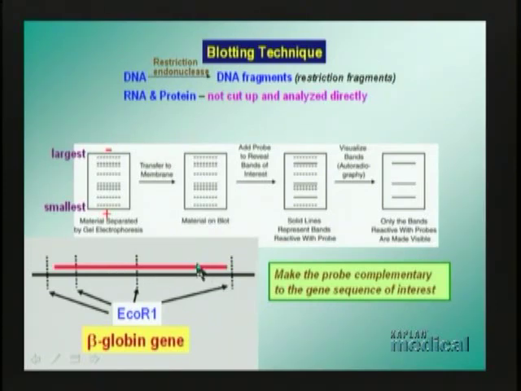So now let's go back to this piece of paper. Here's this piece of paper where we have hundreds, if not thousands, of fragments from all your chromosomes, and 3 of those fragments are coming from beta globin. So now we add this probe to reveal the bands of interest, and this is going to be a technique called hybridization, where the probe will look for the fragments, in this case from beta globin.